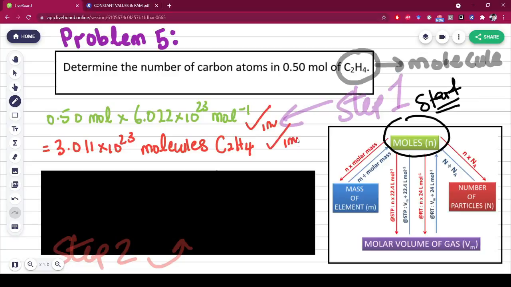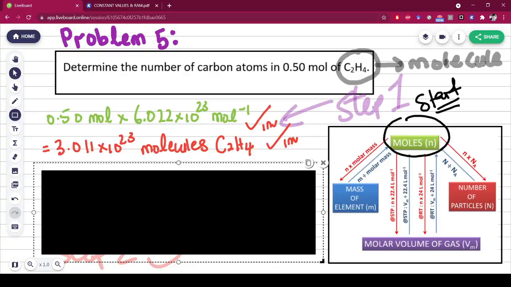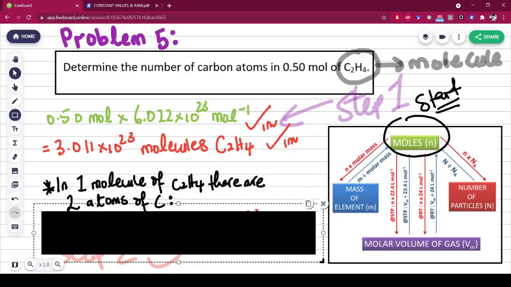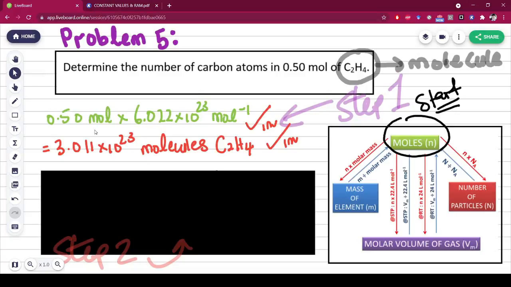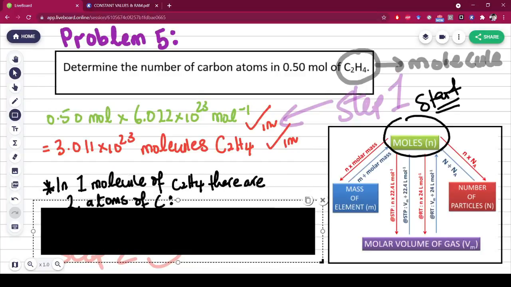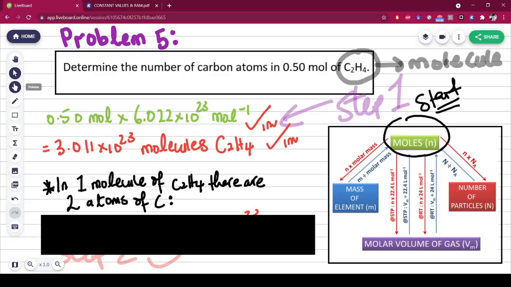But this is not the whole story yet. Why? Because when you look at the question, it wants you to find the number of carbon atoms. So, when you look at the molecule, we can see that, whoops, I'm going to show that again. There we go.